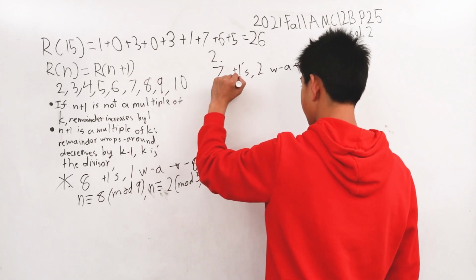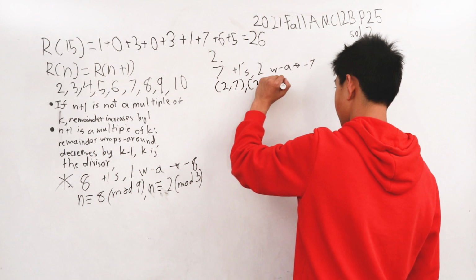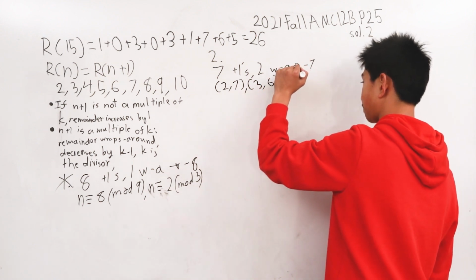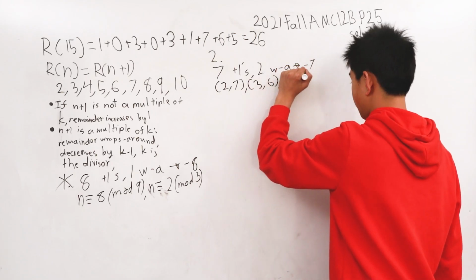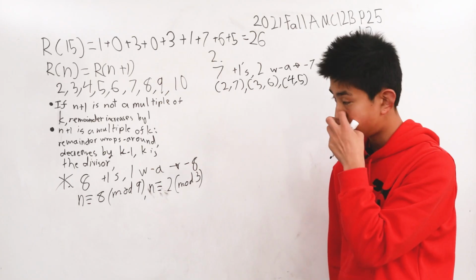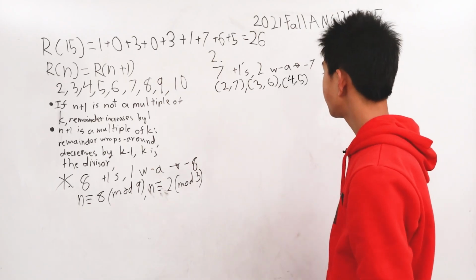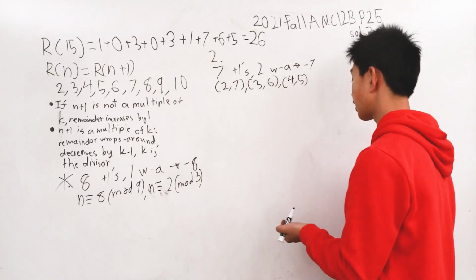So 2 and 7 sum to 9, 3 and 6 sum to 9, and 4 and 5 sum to 9. That's it for all these 2-numbered pairs. We can try testing all of them to see if they work.